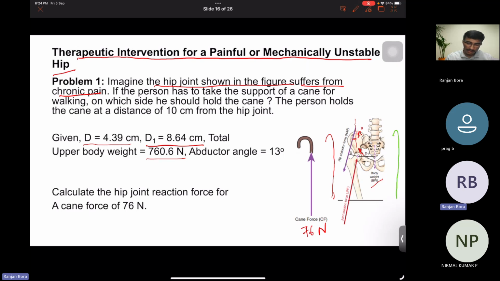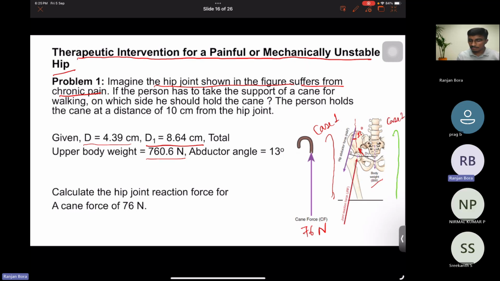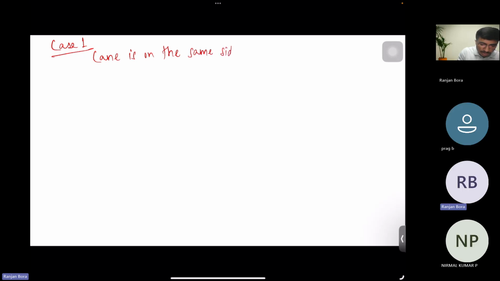So first case is case 1, and this will be case 2. So case 1 is cane on the same side of the affected hip joint.